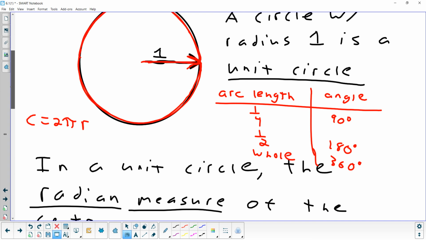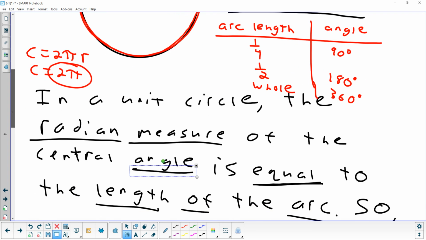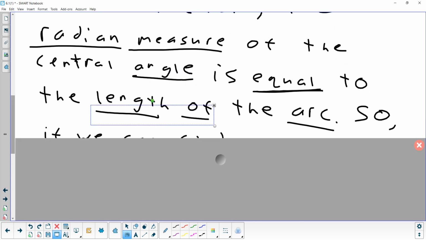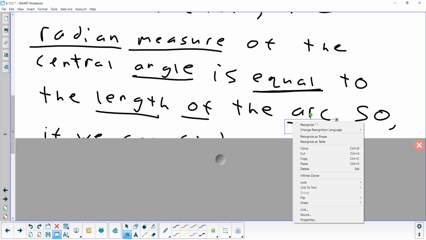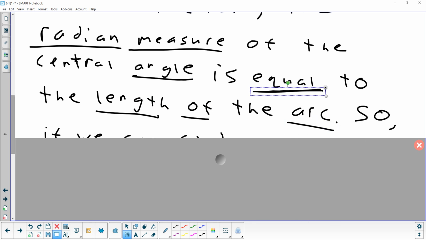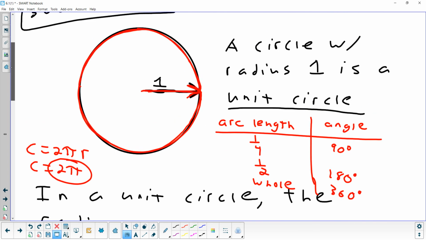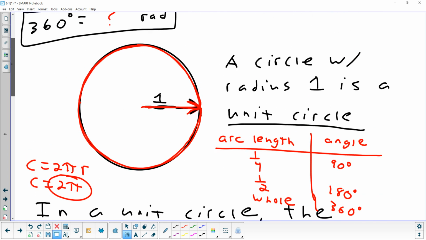What's the radius in the circle? 1. So the circumference is 2 pi. And the length of the circumference, which is now 2 pi, is exactly the same as the number of radians to go all the way around the circle. So the arc that goes all the way around the circle is 2 pi.